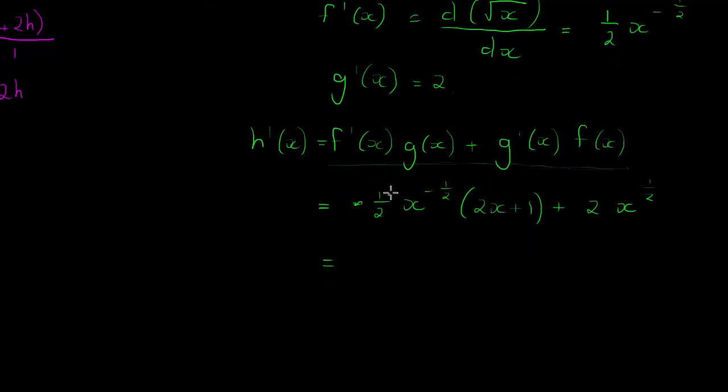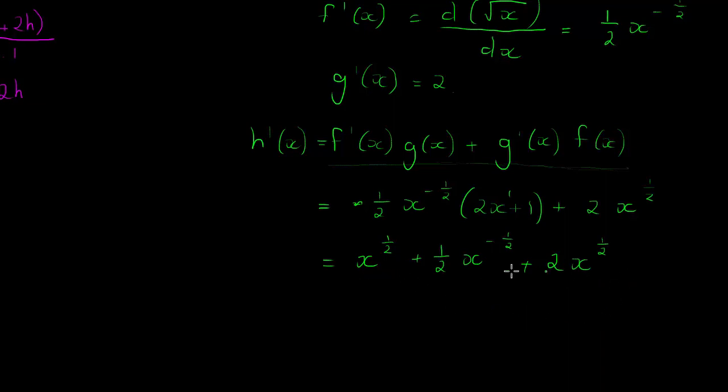Okay, so I have a half times 2x, or a half times 2 is just 1. So x to the negative a half times x to the 1, I add the exponents, so I get 1 minus a half, which is just a half. Okay, that's for that first one. That next one is plus a half x to the power of negative a half, plus 2x to the power of a half.